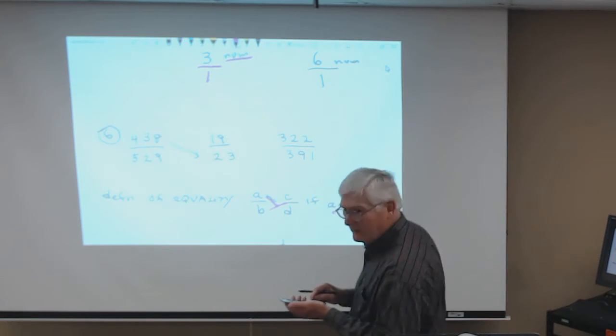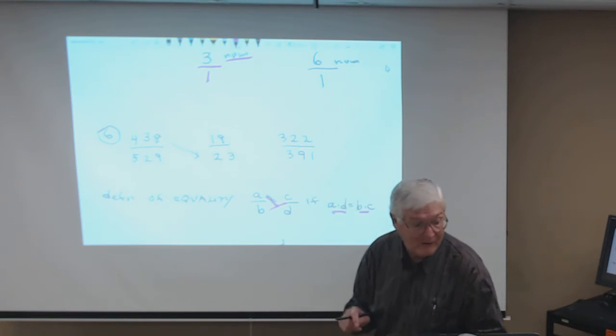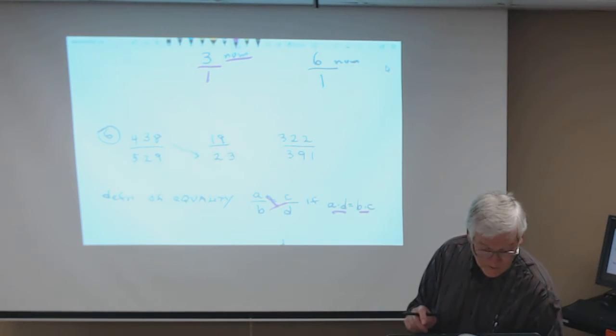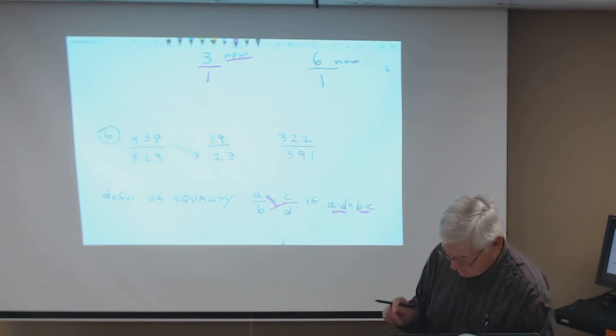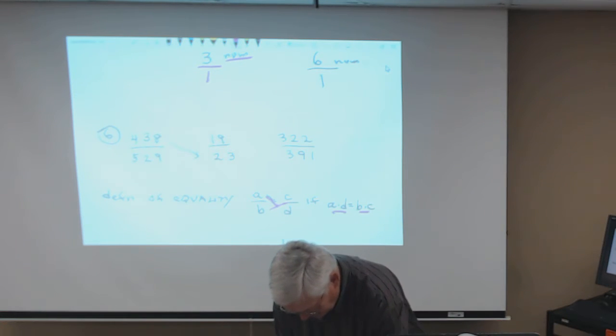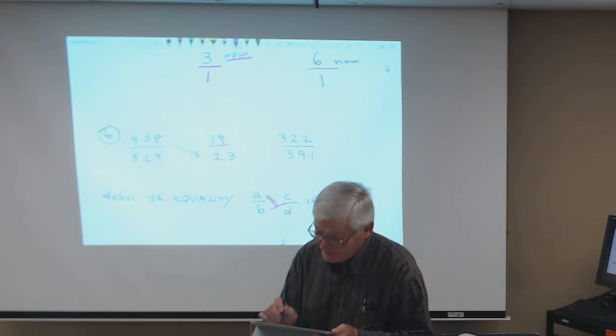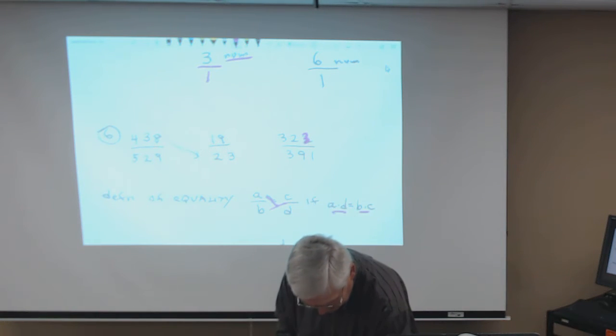What? It's 323 in the book. Oh, I copied the problem down wrong? Well, no wonder it's not working for me, huh? This should be 323. Yeah. Well, let's see what happens now.